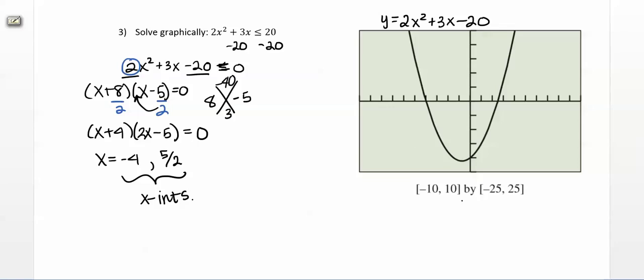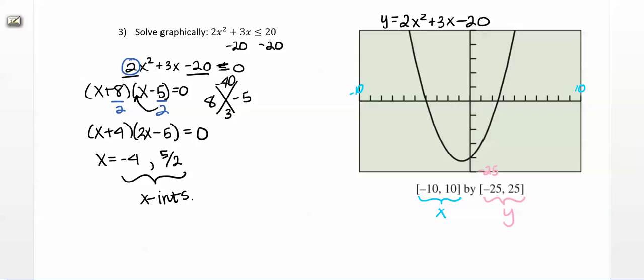And when you see these things down here in the book, you see negative 10 to 10 and negative 25 to 25. What they're telling you is the scale that the x-axis is going. So this is negative 10. This is 10. And what the y-axis is doing. So this is the y. So this is negative 25 down here. So these are not going by ones.